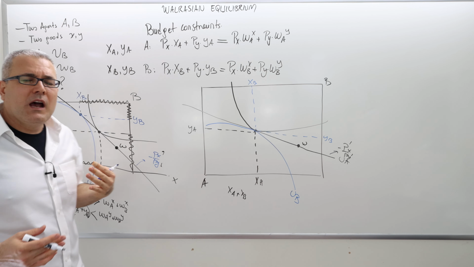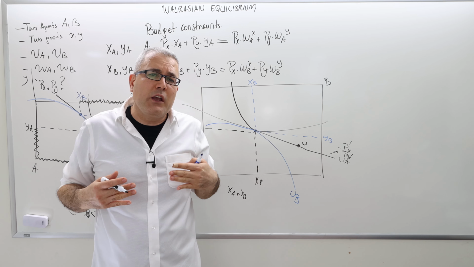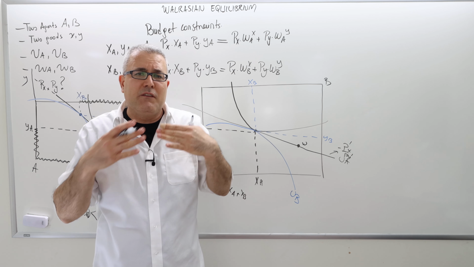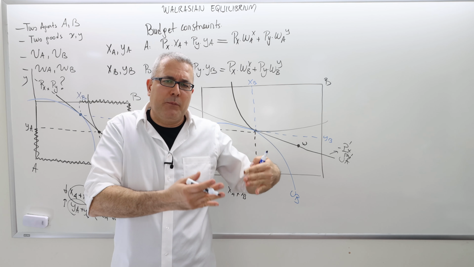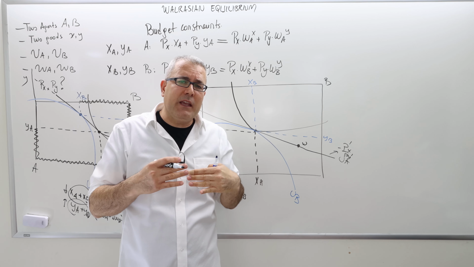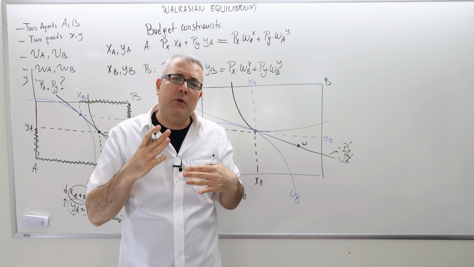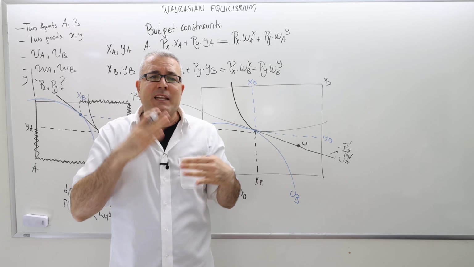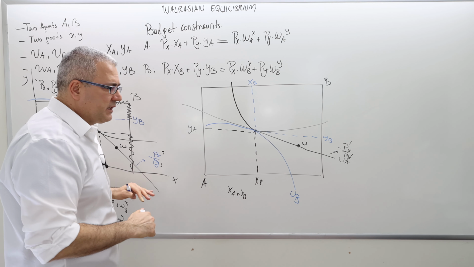I am willing to buy X, but I am trying to maximize my utility given my budget constraints. So you can't force me to take some suboptimal X or Y. But what you can do as a market maker is shift the price ratio, and that will balance out the agents' incentives. And so the market will clear.